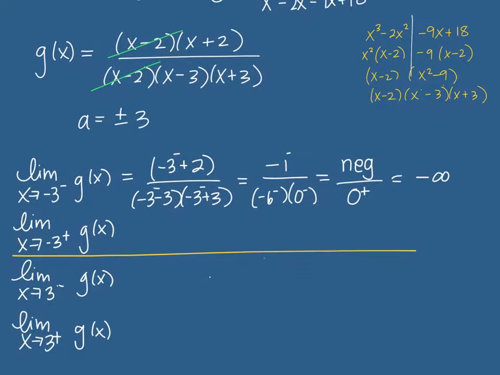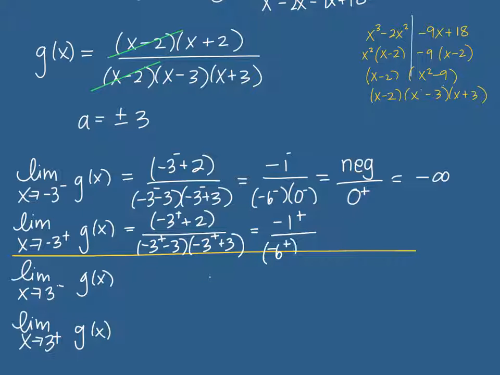Okay, we'll do the same thing with negative 3 plus. So that would be negative 3 plus 2, negative 3 plus minus 3, negative 3 plus 3. And so the reverse happens. I get negative 1 plus, I get negative 6 plus, and I get 0 plus. Is the top number negative or positive?